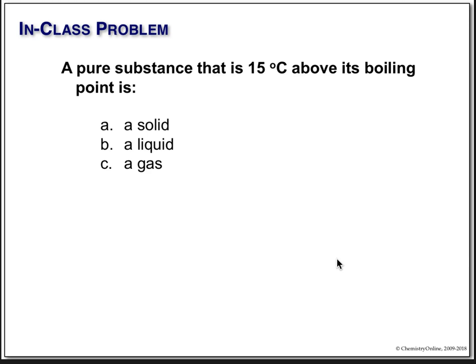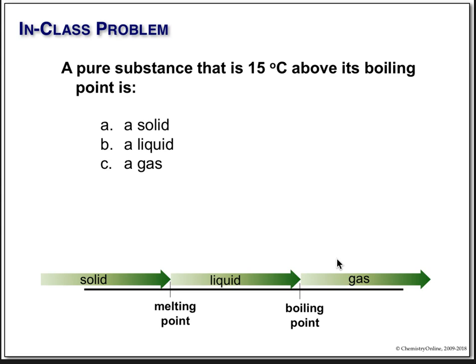If you ever have trouble with these types of problems, think about it like a number line, okay? We have a melting point, a boiling point, solid, liquid, and gas. We're 15 degrees above the boiling point, therefore it's a gas.